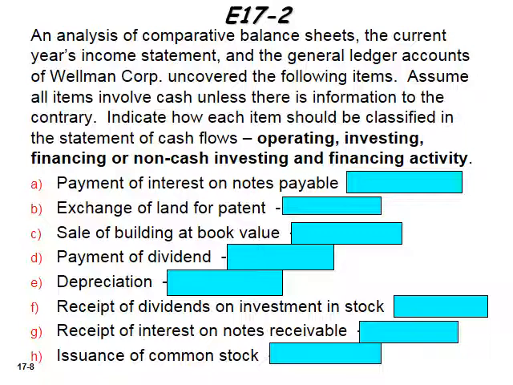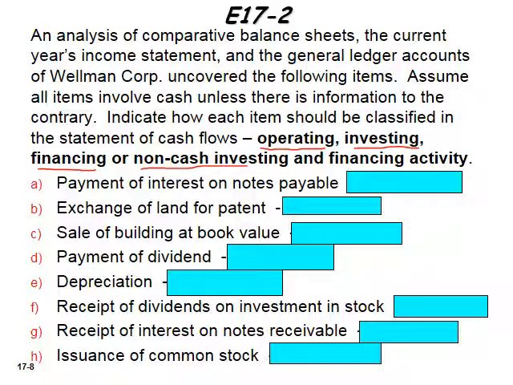All right, so this is typically what you're going to have on the exam. So they looked at the comparative balance sheets, they looked at the income statements, they looked at the other general ledger account information. So we're looking to put this into operating activities, investing activities, financing activities, or non-cash activities. So payment of interest on notes payable.